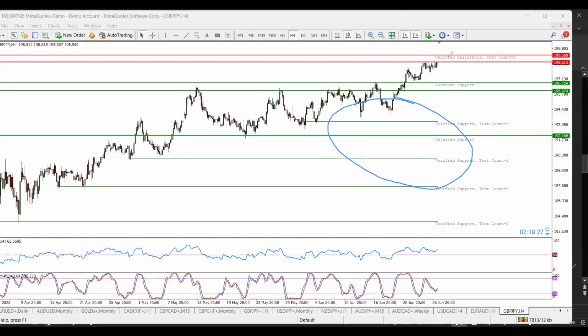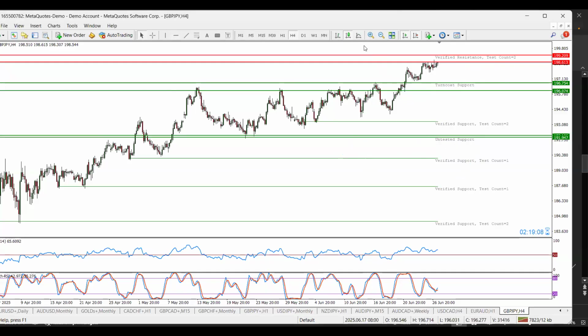So our business now is between these two here, between this resistance and this support. That's where our business is right now, right? So we don't really need to bother ourselves with whether these lines are being drawn well. We don't do that here, right? So let's minimize. Let's see.